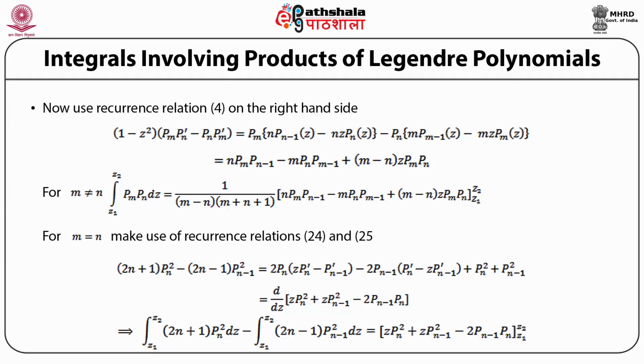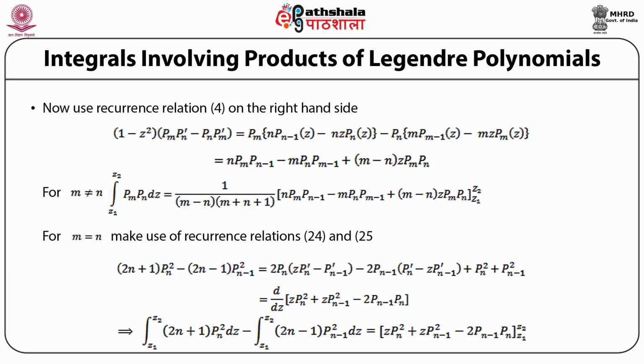This is equal to d/dz of (z Pn² plus z Pn−1² minus 2 Pn−1 Pn).